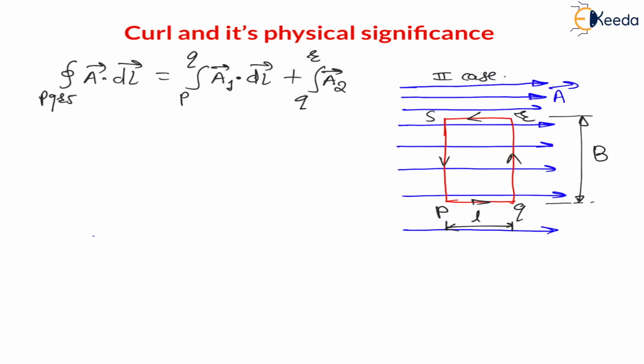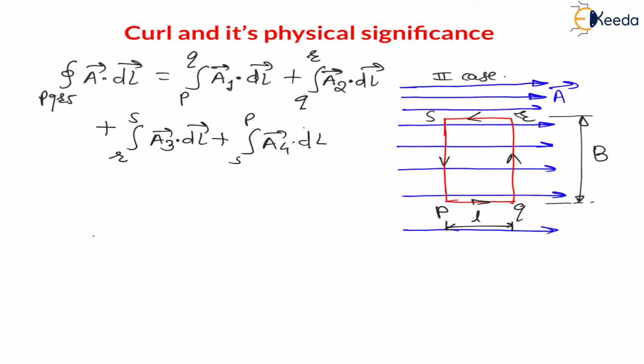But don't worry about that, because for QR the vector field is perpendicular, and the dot product is going to be 0 if it is perpendicular. Therefore A2 dl, plus for RS the line integral of A3 dot dl, plus for SP the line integral of A4 dot dl, right?